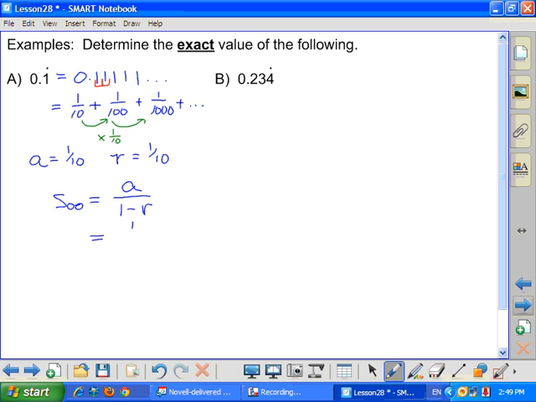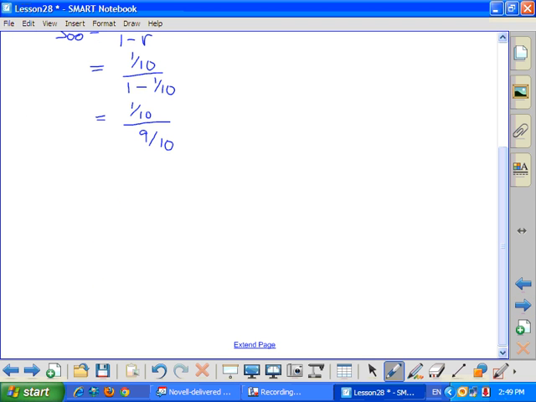My a value is 1/10. 1 minus my r value, 1/10. Now I just need to simplify. 1 take away 1/10 is 9/10. Flipping, because we don't divide fractions, we multiply by reciprocals, 10 over 9.